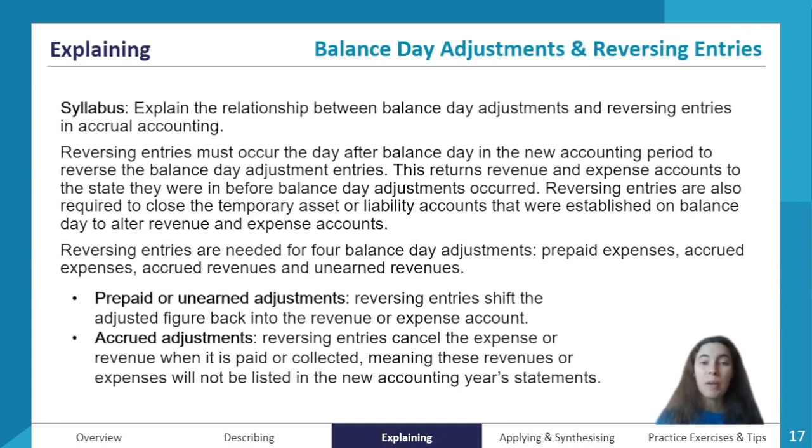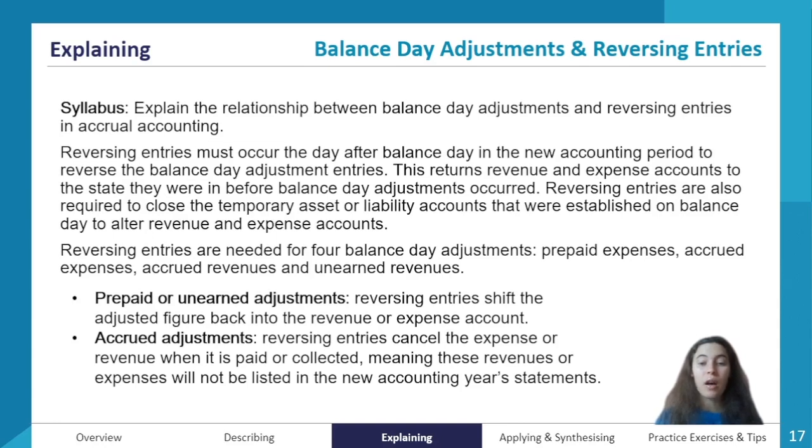So prepaid expenses and accrued revenues are assets, and by process of elimination, you know that the other two, your unearned revenues and your accrued expenses, must be liabilities.